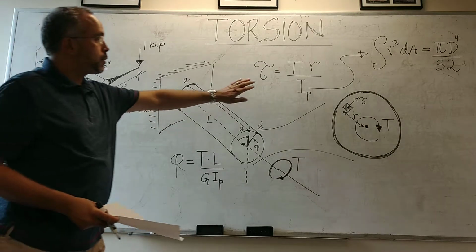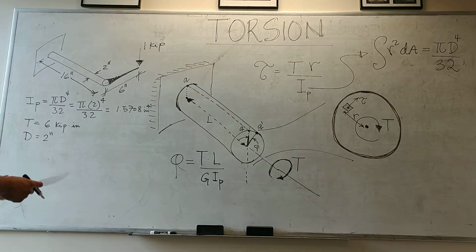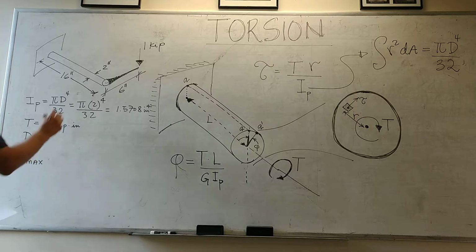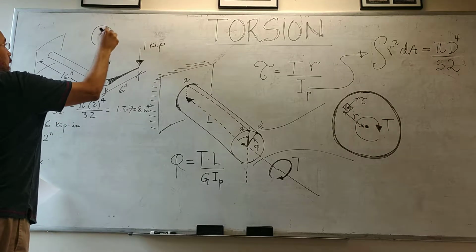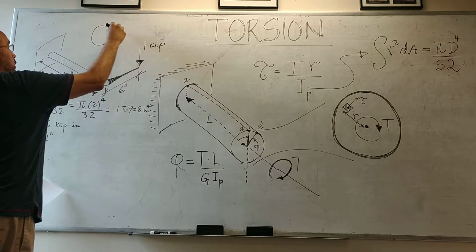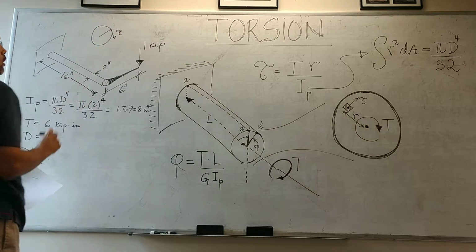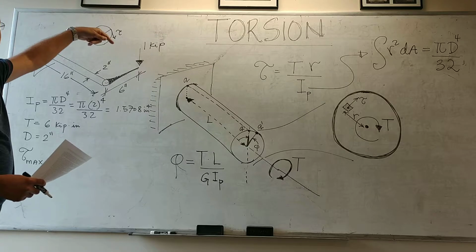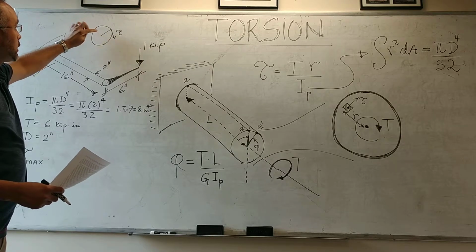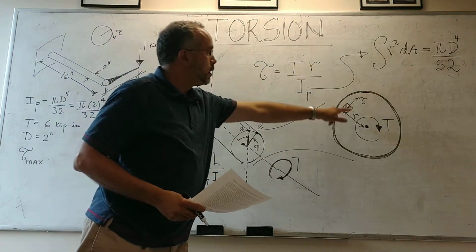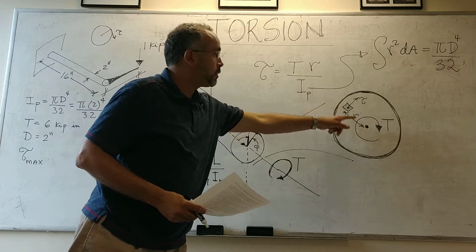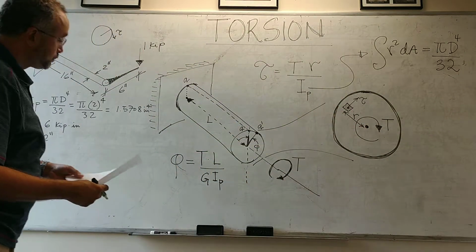If we use this formula to compute the maximum shear stress, which will occur at all these points along the circumference of the cross section of the shaft, the maximum stress will occur on points which are farthest away from the center.